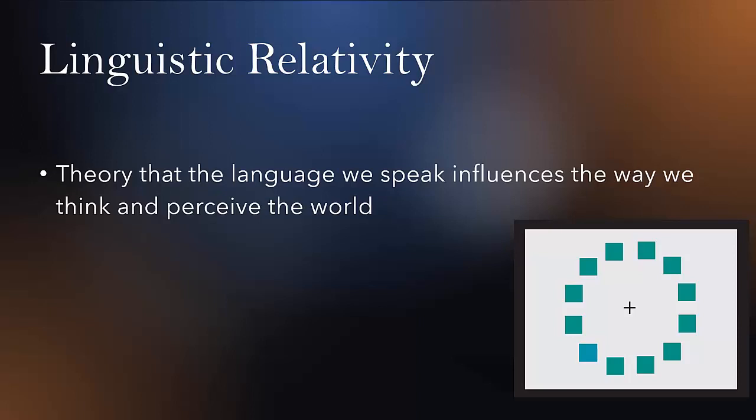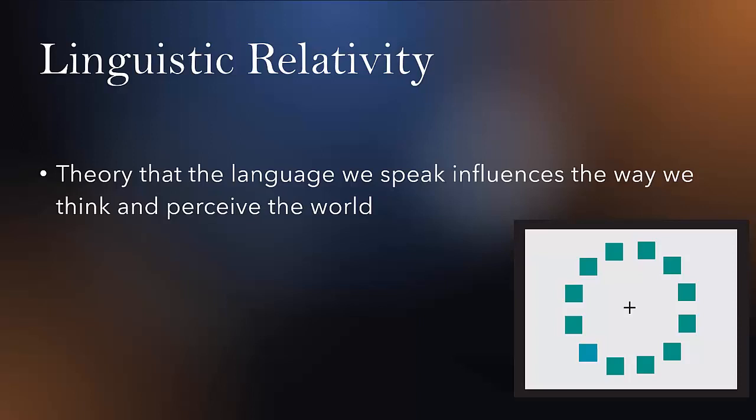There's this theory that's called linguistic relativity. This theory has lots of different names, but this is the one I'm going to stick with. If you're interested in knowing more, it's also sometimes called the Whorfian hypothesis, because the researcher who originally came up with it was named Whorf.